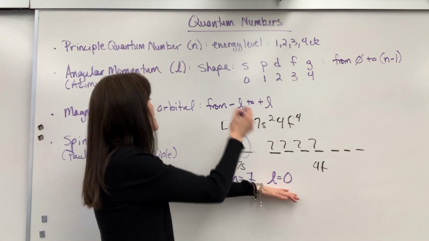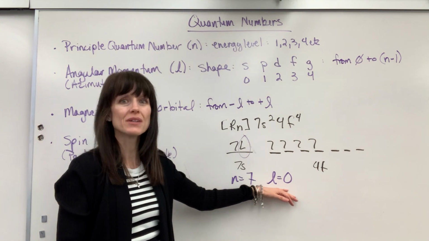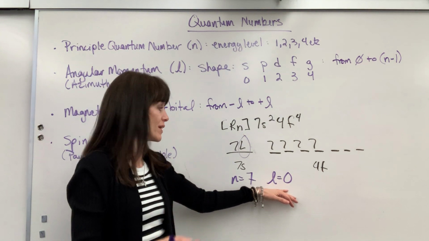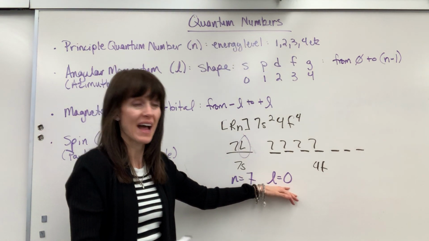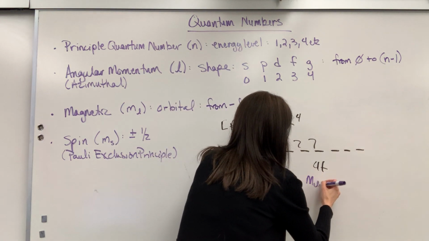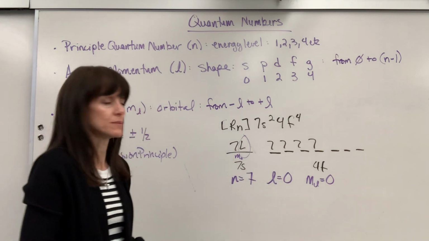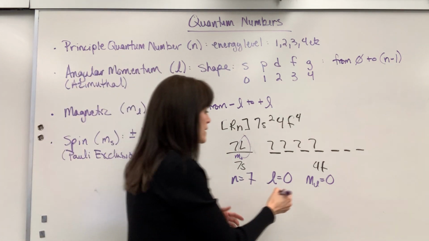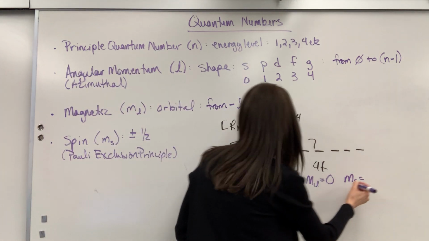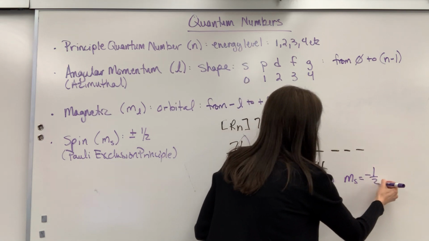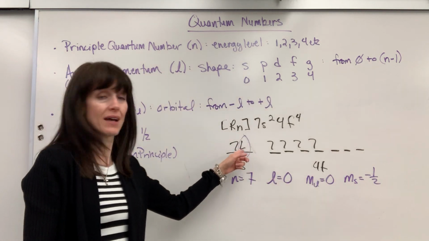Now remember, the M sub L can only be negative L to positive L. Well, L is 0, so M sub L has to be 0. And then the spin quantum number, this is spinning down, negative 1/2. There's the address for that electron.